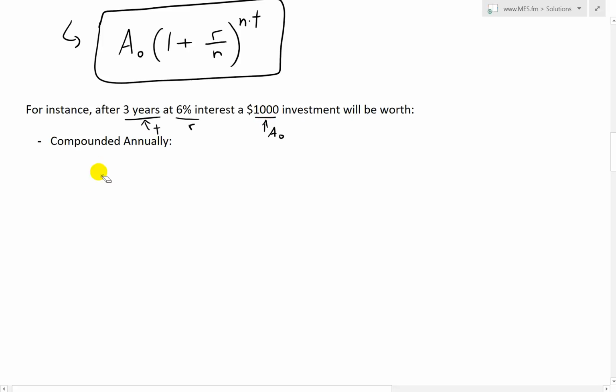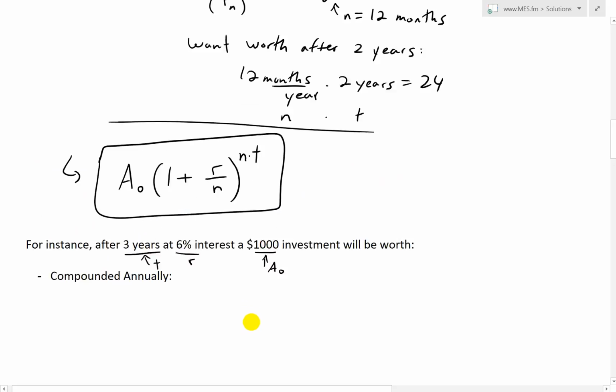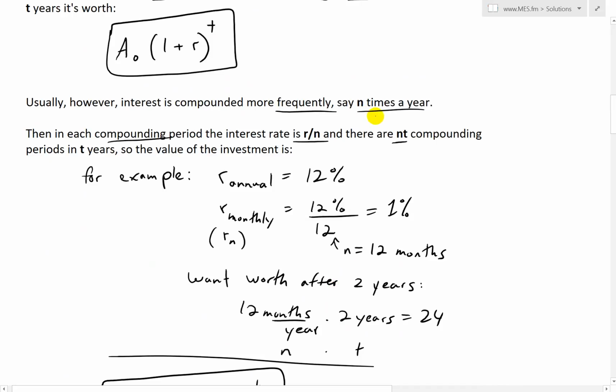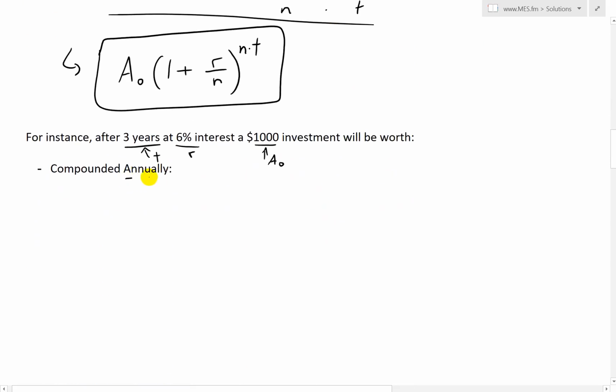Compounded annually means we're compounding once per year, because n is the number of times per year, so n is 1. So we're going to have 1,000, which is our A0, times 1 plus 0.06 divided by n, which is 1, so it doesn't change anything, to the power of n, which is 1, times 3.